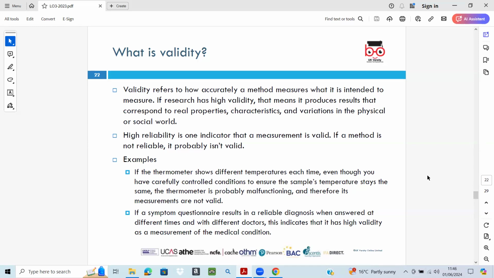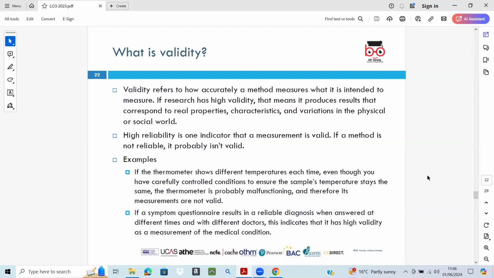So the uniformity in the diagnosis obtained indicates the questionnaire is reliable in producing consistent results across various scenarios. This consistency in various measurements demonstrates the high validity of the questionnaire as an effective tool for diagnosing the medical condition.